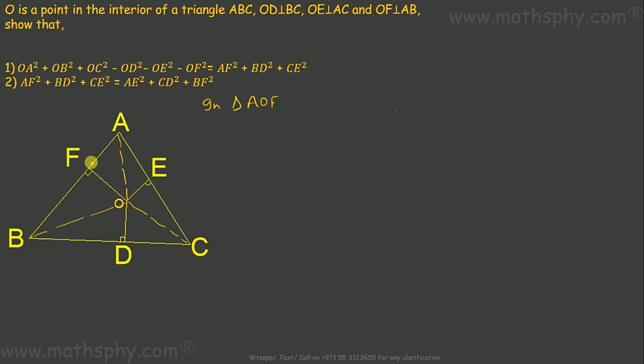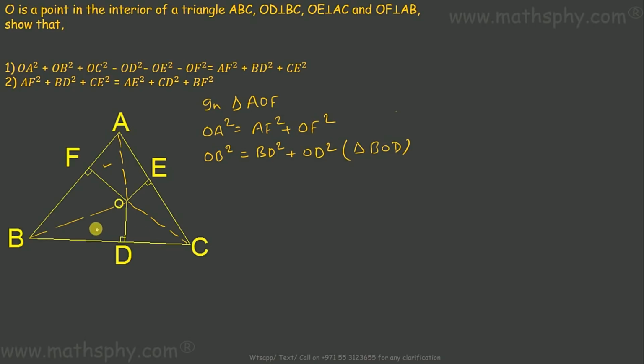In triangle AOF, right angled at point F, OA is the hypotenuse. So I can write OA square is equal to AF square plus OF square. This triangle is done. Let's take up this one. Here also I'll write OB square is equal to BD square plus OD square. This is triangle BOD.